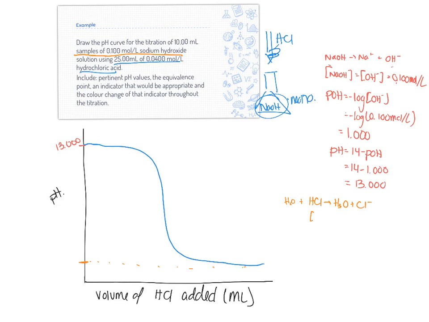The concentration of HCl is equal to the concentration of H3O+ because they have a 1-to-1 ratio. So our concentration is 0.0400 moles per liter. Sorry, too many zeros there. The pH is the negative log of the concentration of H3O+, and that's the negative log of 0.0400 moles per liter. So we get a pH of 1.398.